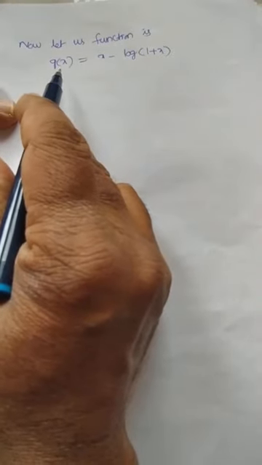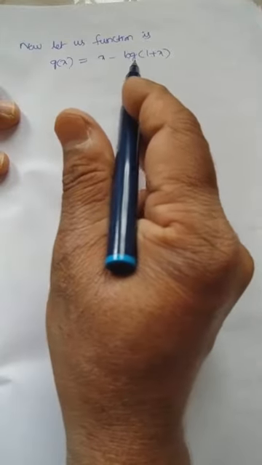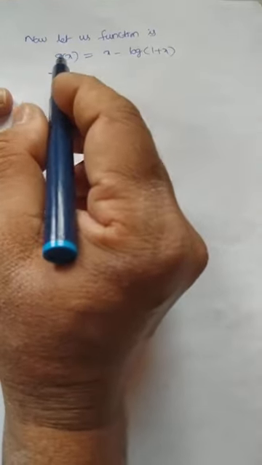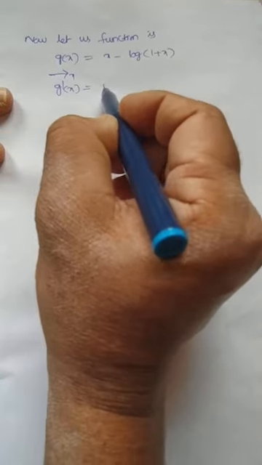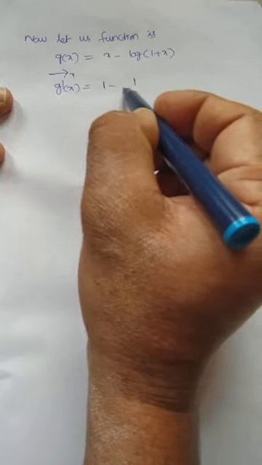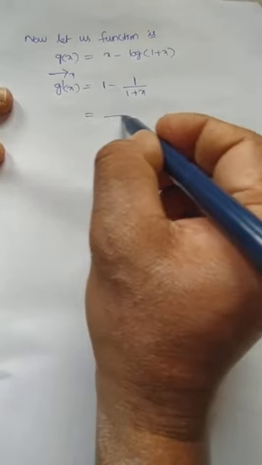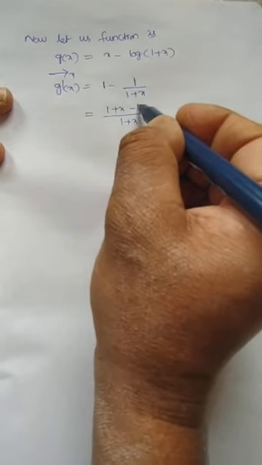Now let us assume one more function, g of x is equal to x minus log of 1 plus x. Now I am finding its derivative with respect to x on both sides. G dash of x I would get: g dash of x is equal to 1 minus, derivative of log of 1 plus x, so that I could get 1 plus x minus 1 over 1 plus x.